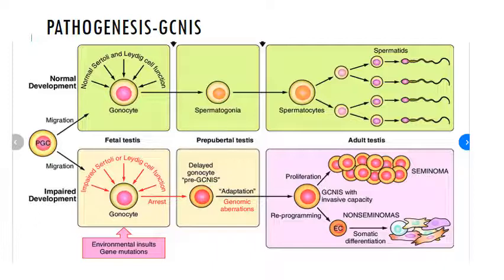This, if it is subjected to further genomic aberrations, then this germ cell neoplasm in situ has a capability of developing into seminoma, or if there is further genetic reprogramming, it has the ability to develop into non-seminomatous tumors like embryonal carcinoma, etc.